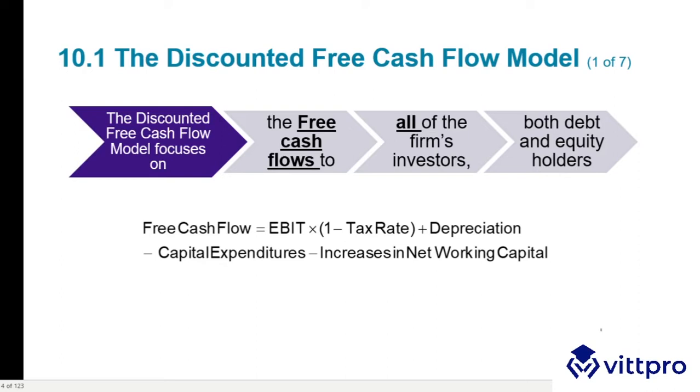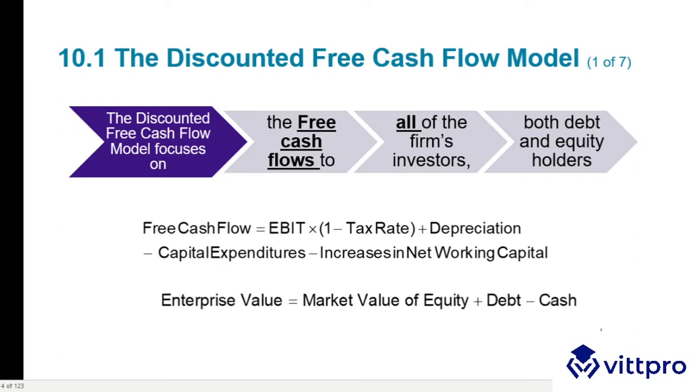Based on this firm's cash flow, we will discount it at a certain rate to get the market value of the firm. That market value of the firm is equal to the market value of debt plus the market value of equity. So the enterprise value equals the market value of the equity plus the debt minus the cash.